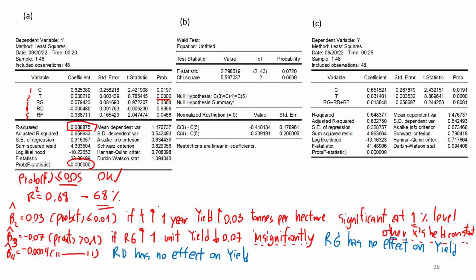Either way is okay. You can say that it has an effect but insignificantly, or it has no effect, does not affect yield. Either way is okay.